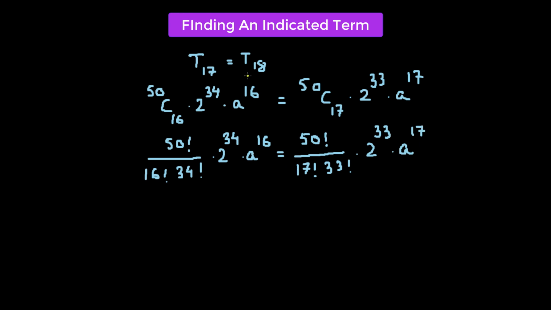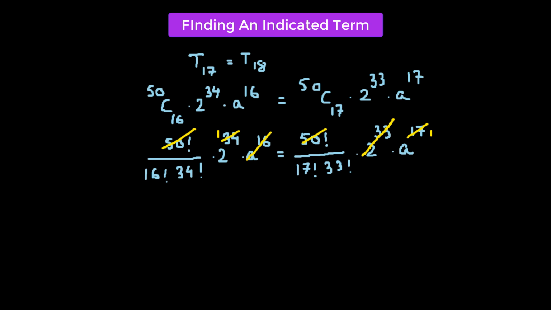Now what we can do, we can factor out the common terms from each side. The 50 factorial will cancel out 50 factorial. So we have 2 raised to the power of 34 here and 2 raised to the power of 33. So this will factor out 2 raised to the power 33, leaving us with only a single 2. Similarly, a raised to the power 16 will factor out on the right hand side, leaving us with only a single a.